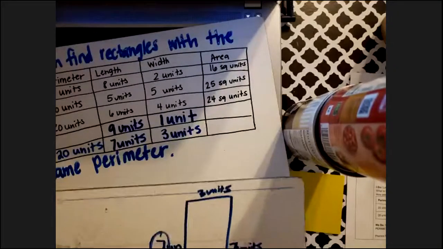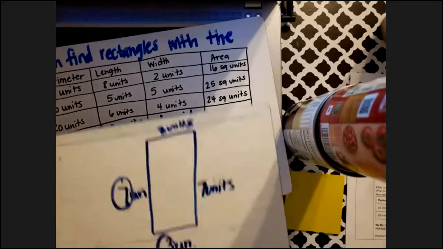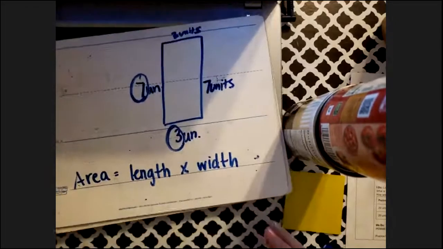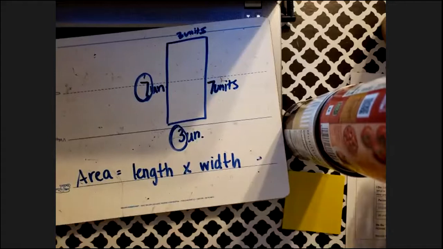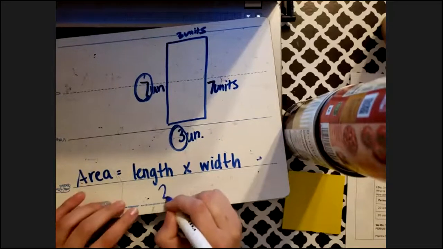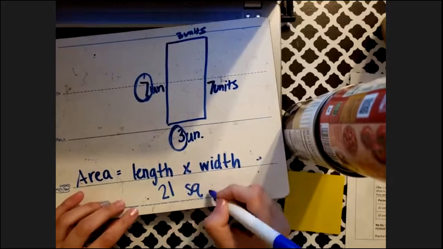So the length is 7, the width is 3. Esteban? The area is 21 square units. Good job, Esteban. 21 square units.